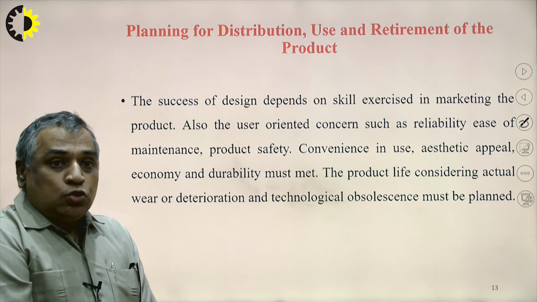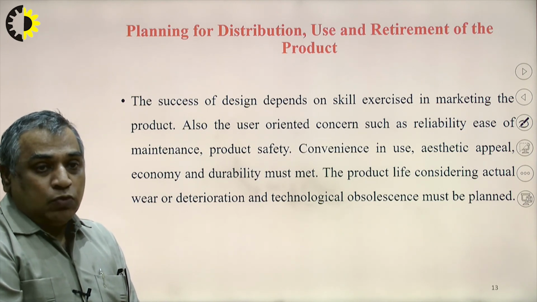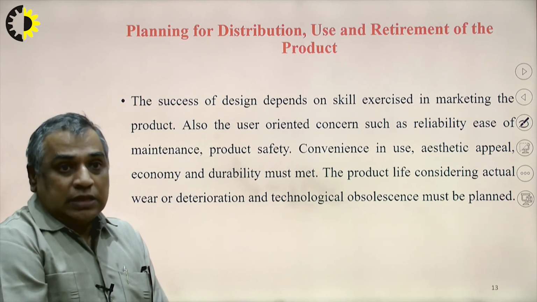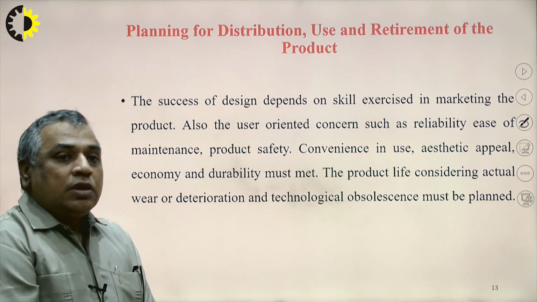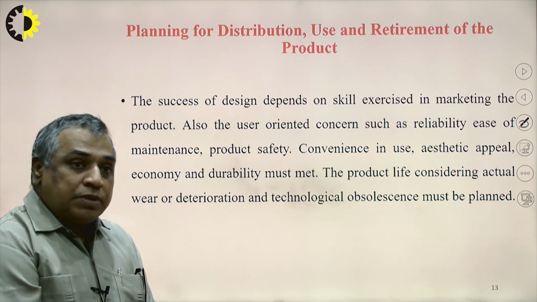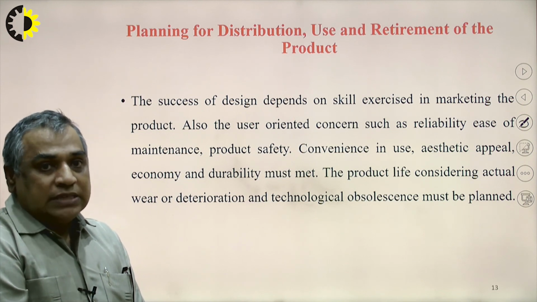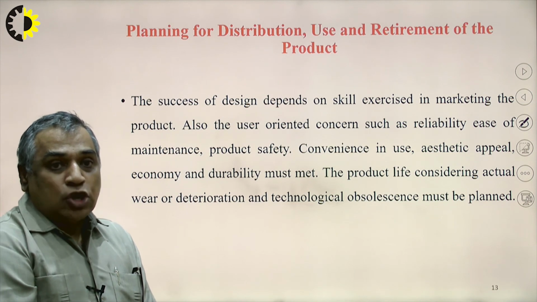Then also the user-oriented concerns such as reliability, ease of maintenance, and product safety. Whatever you design, it should be easily maintainable. The user should feel competent to maintain the product himself. Convenience in use, aesthetic appeal. Aesthetics is a very interesting topic.